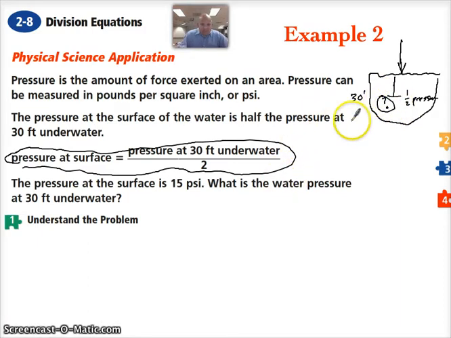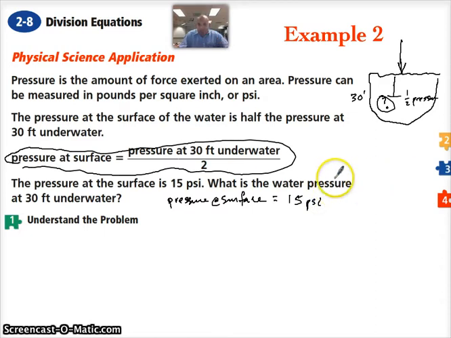Now, what is the data that they provide for us? Well, pressure at the surface is 15 psi, so I'm going to write that down. Pressure at surface equals 15 psi. What other information do they give us?